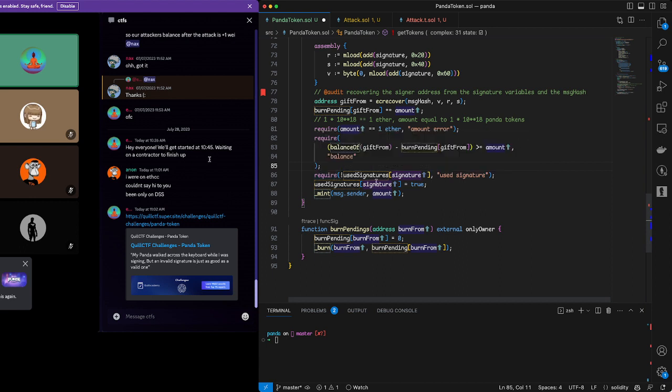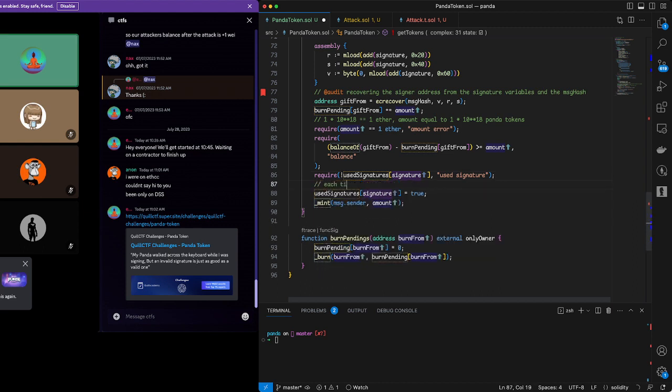The next require statement, so use signatures. This is checking to make sure that the signature being used to claim these funds isn't used more than once. It's like a replay protection, it seems, so that you couldn't just continually recall using the same signature. So after using the signature once, the signature can't be used again.